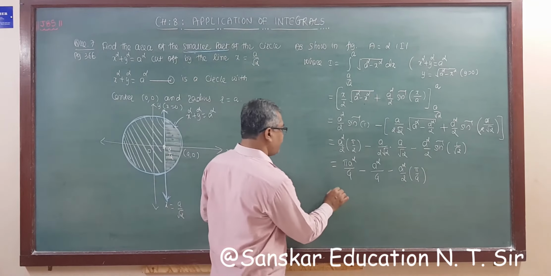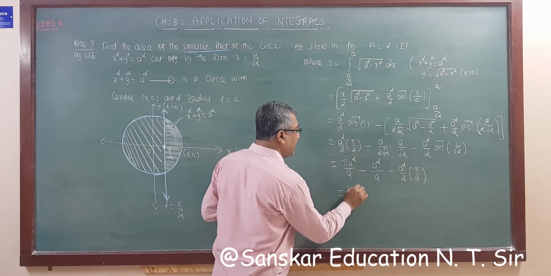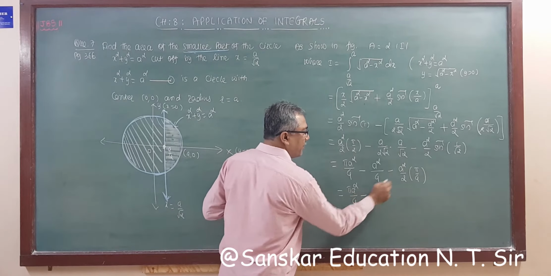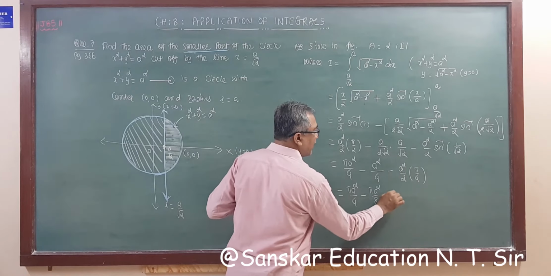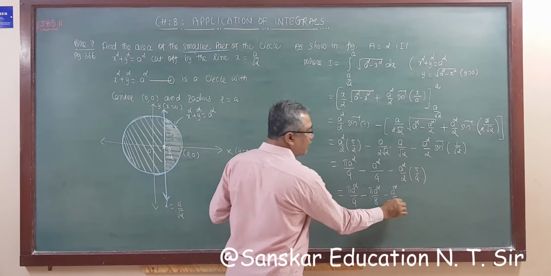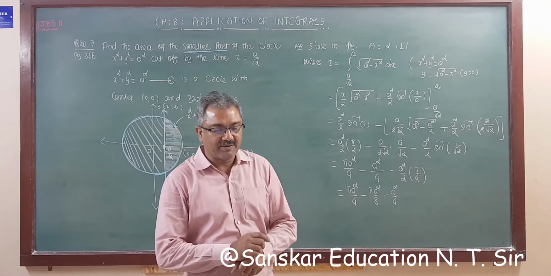Right? So pi a square by 4 minus, this is pi a square by 8, and minus a square by 4, minus a square by 4.